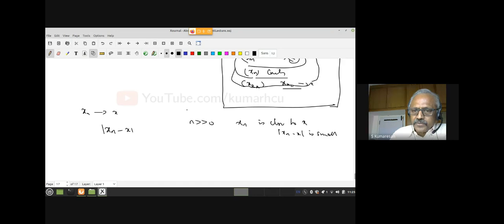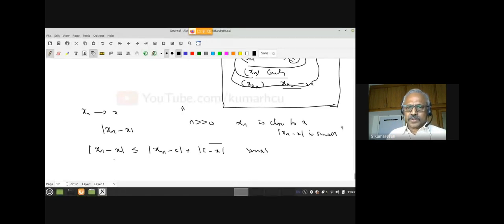This is the qualitative version, right? That means I have to estimate |x_n - x| and make it small. So when I want to make this small, what will I do? As I said, I have to find a c such that |x_n - c| + |c - x| is small. Each one of them is small, then this will be twice small. That's it. This is the intuition.